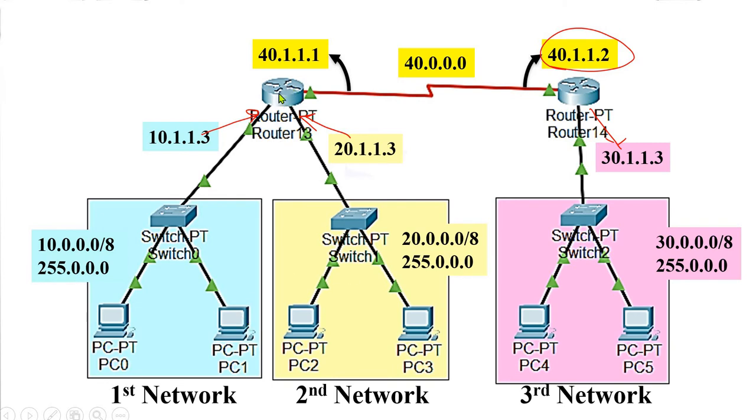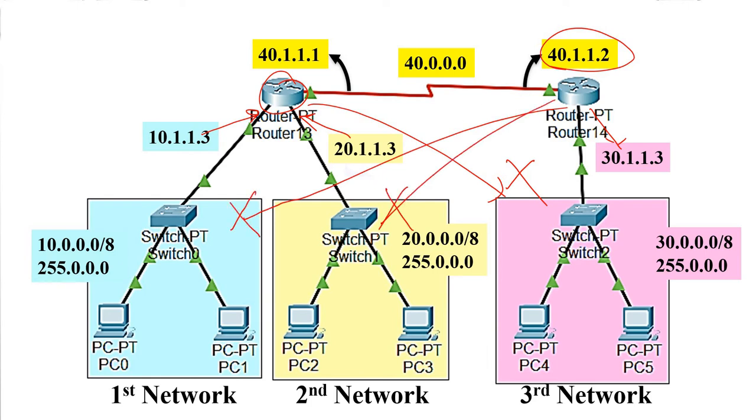This router knows about this router and this router knows about this router, but this first router is unaware of this network, and this router is unaware of this network and also of this network. They only know the connected routers but not their further connected networks.